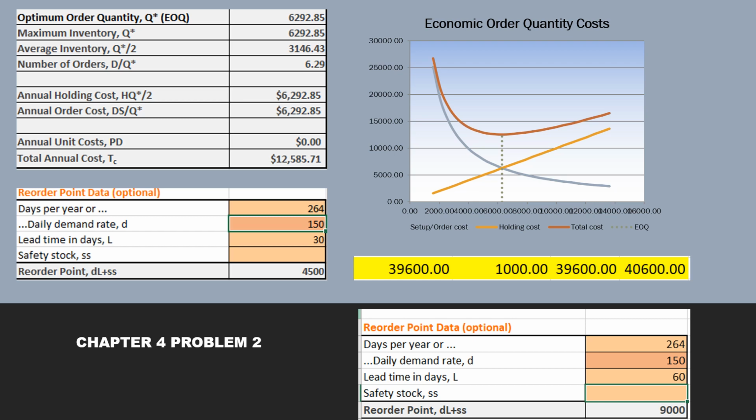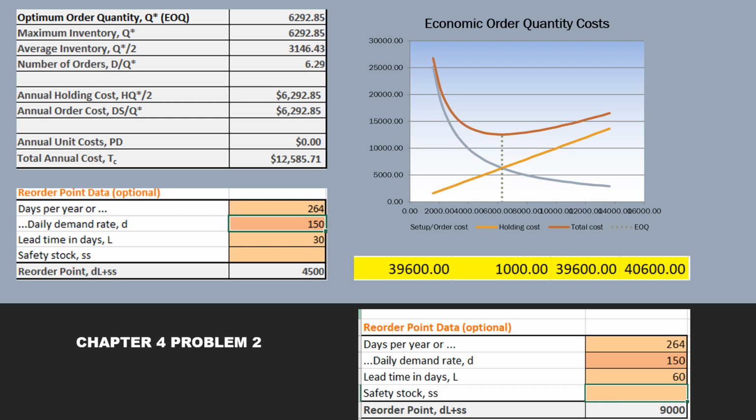That will be our optimal order quantity. We have our annual holding cost of 6,293 and also the order cost of 6,293. Again, remember at EOQ, order cost is always equal to the holding cost.